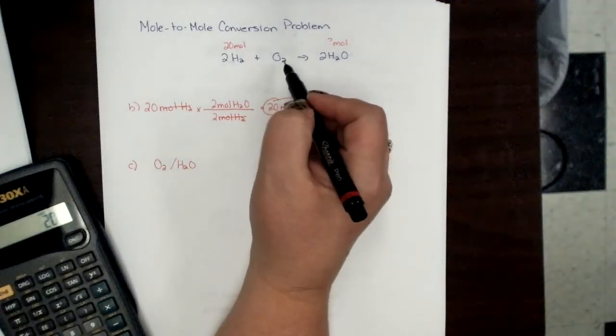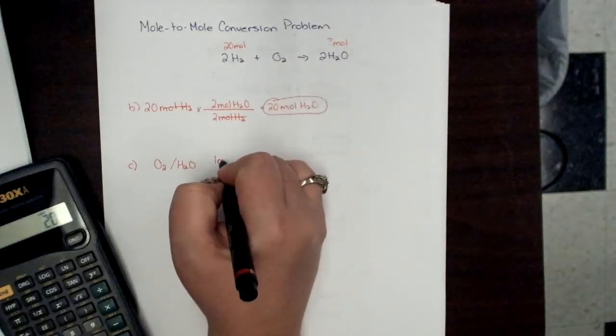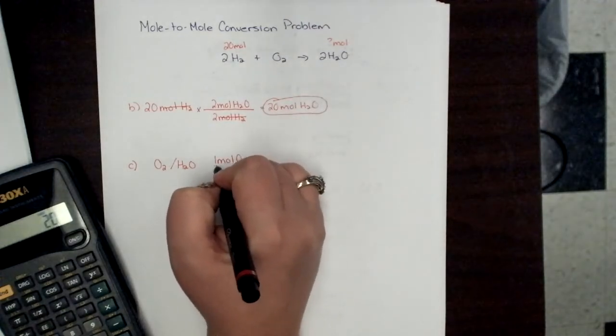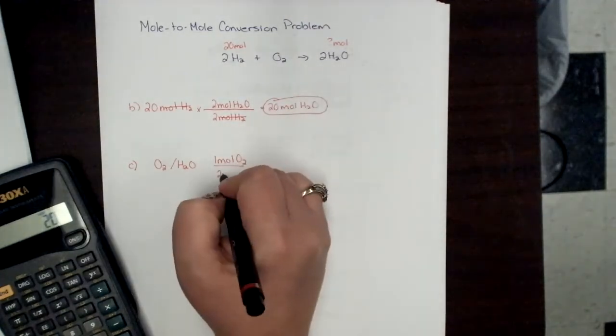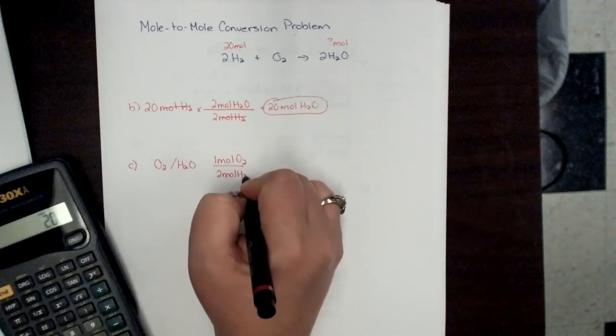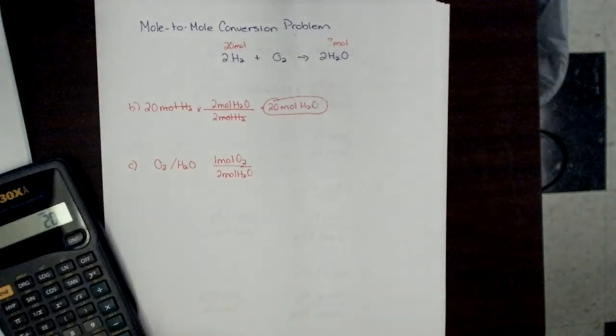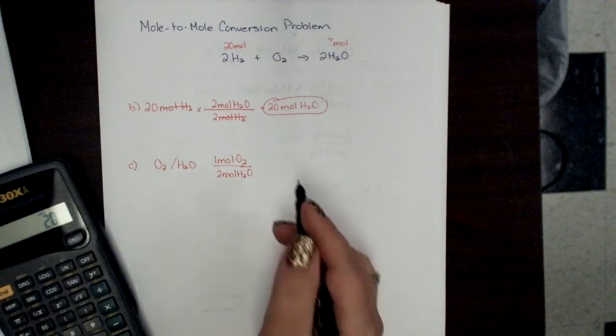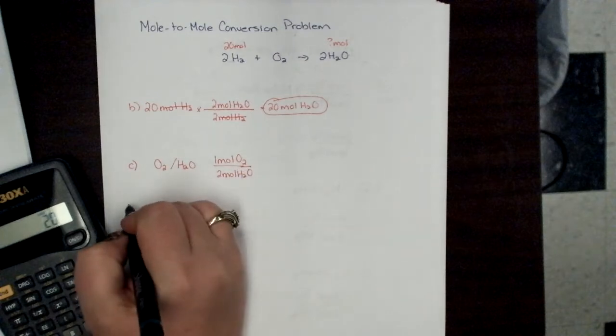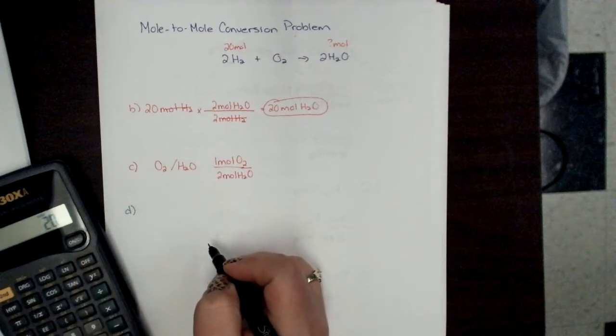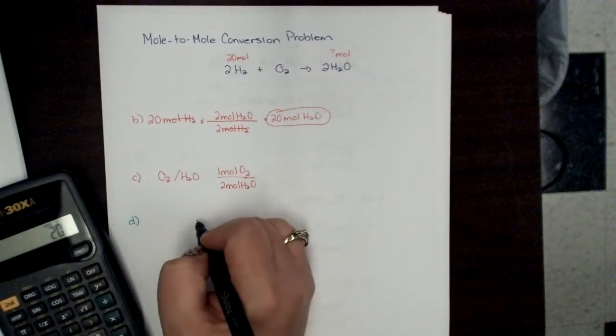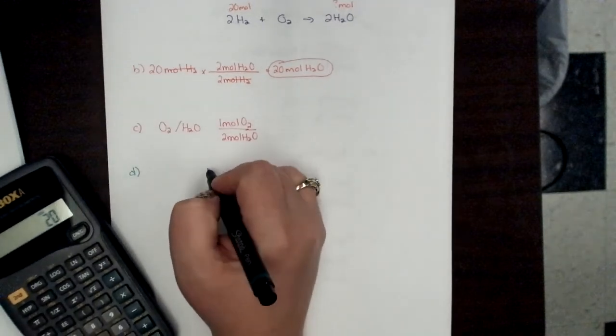So I have 1 mole of oxygen, and I have 2 moles of water. All right? So now we look at part D. Part D says, now suppose, I'm going to rewrite the reaction.